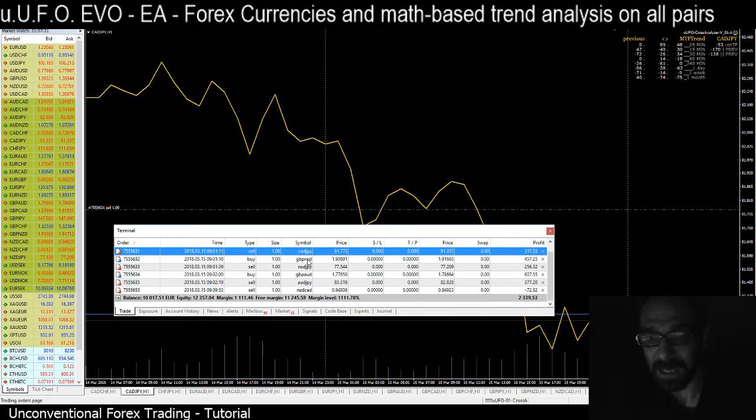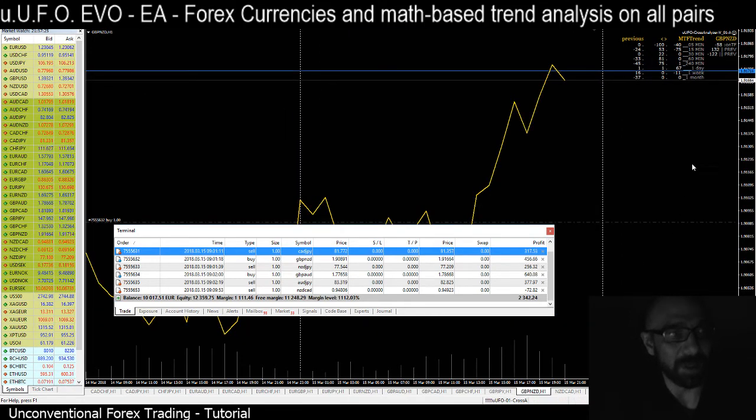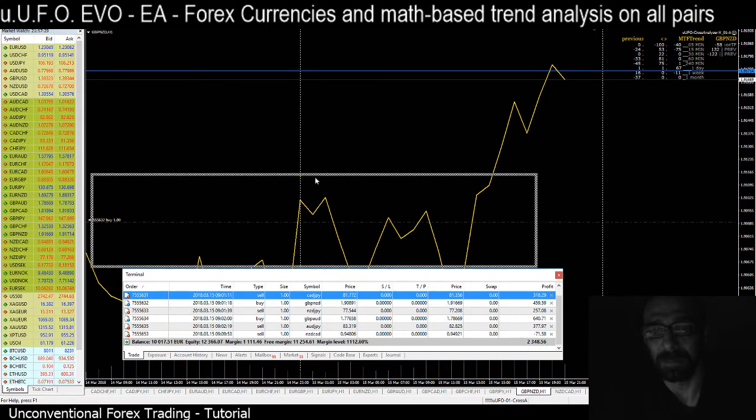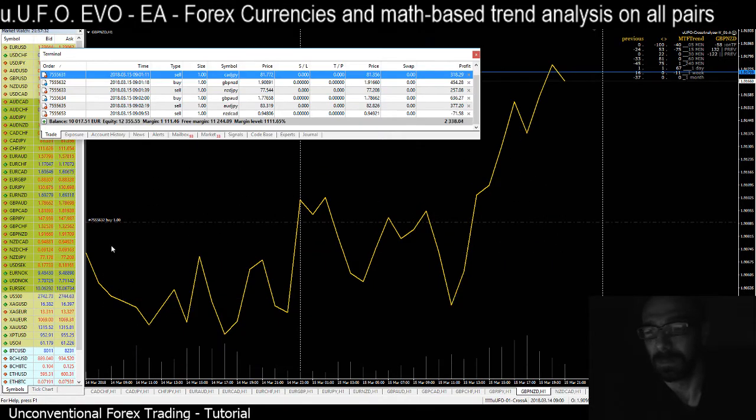We can analyze GBP New Zealand dollar. Yeah, buy here. Okay. And in this buy level, this is the result.